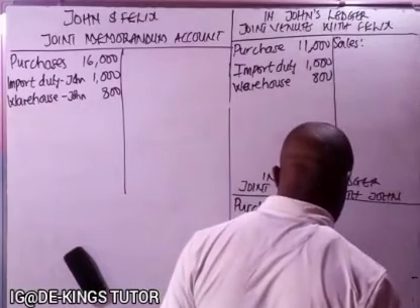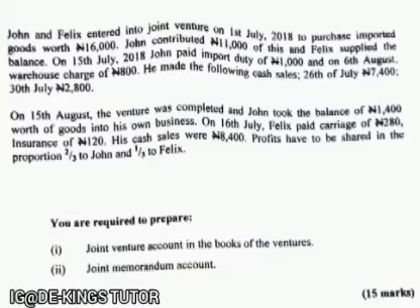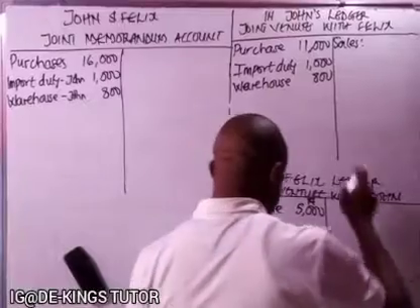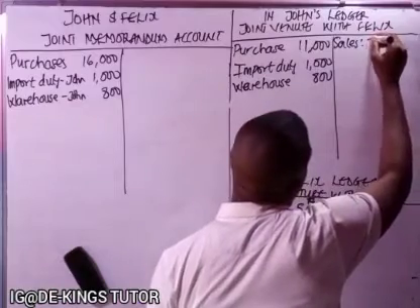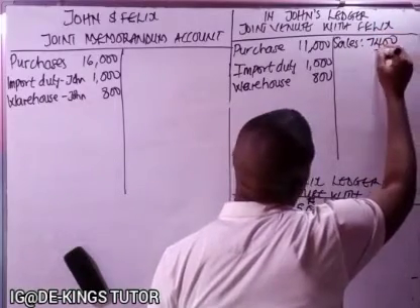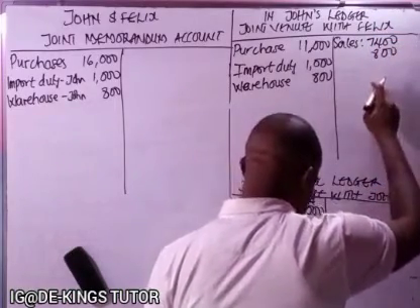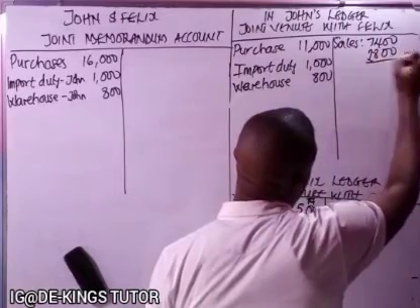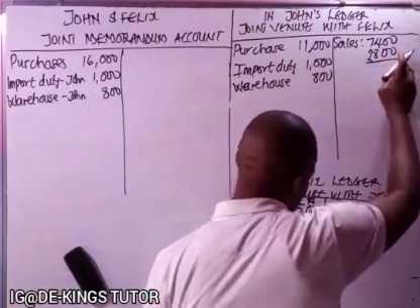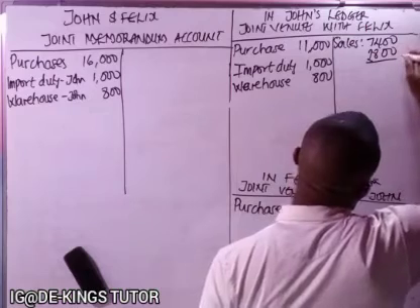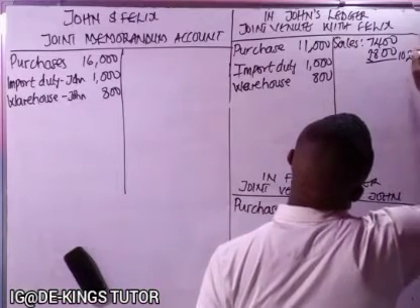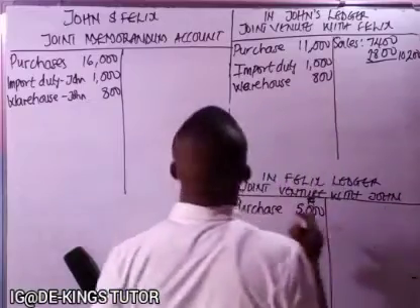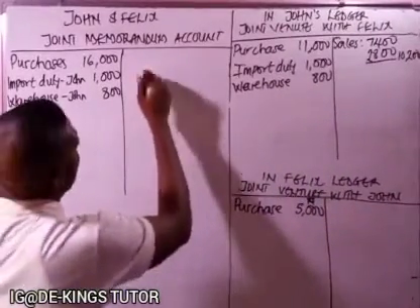The first one is 7,400. Why the other date was 2,800. So once we add the two together, we'll have 10,200.